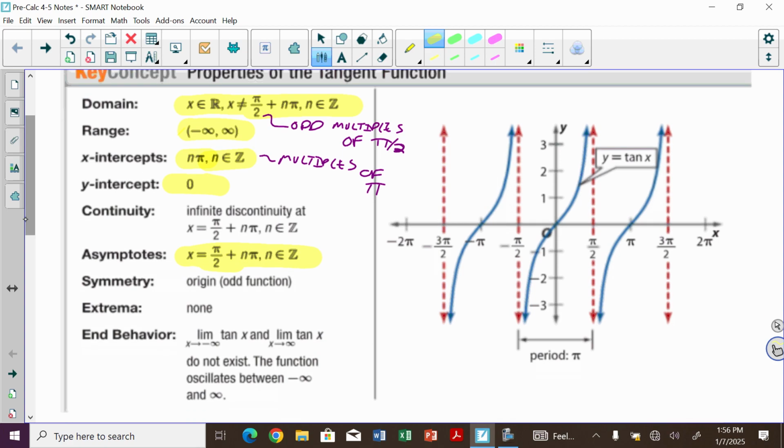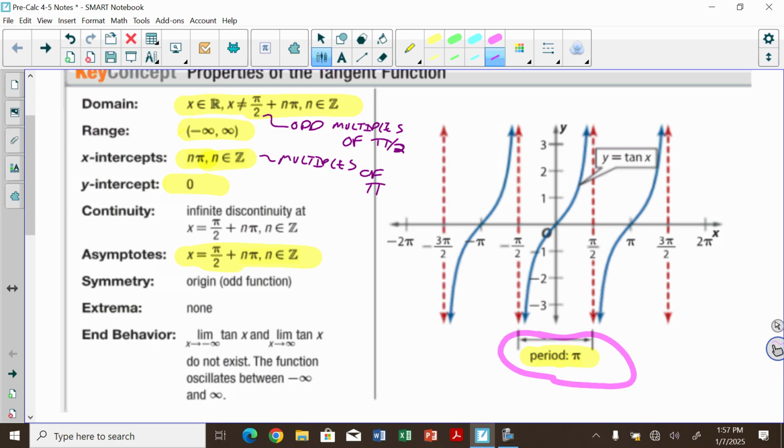First of all, we have a period that is pi, because of how often it repeats. So the period is pi length. For instance, the domain can't include every half pi.